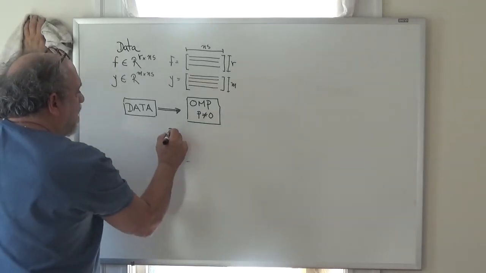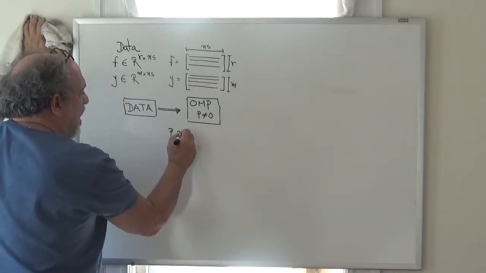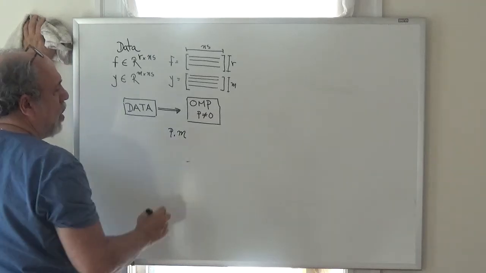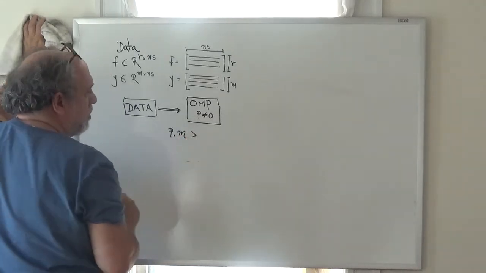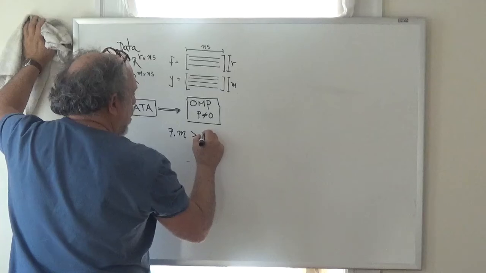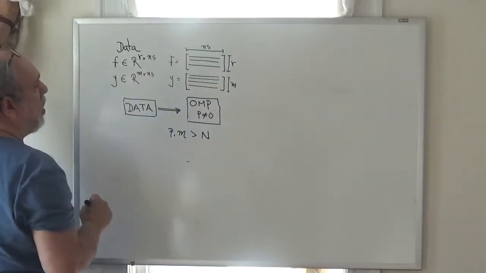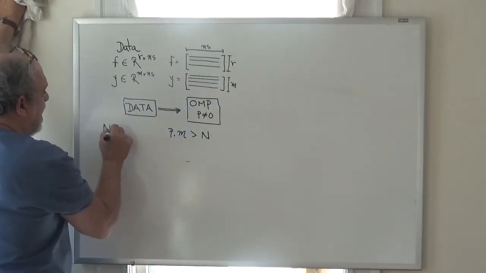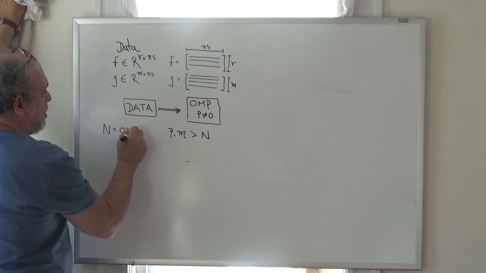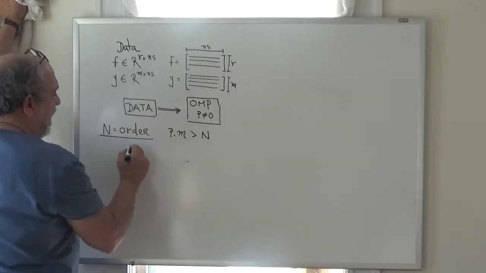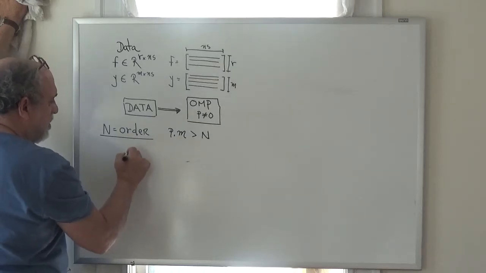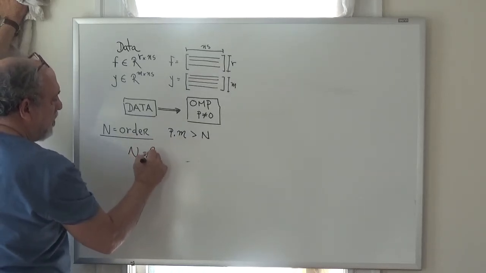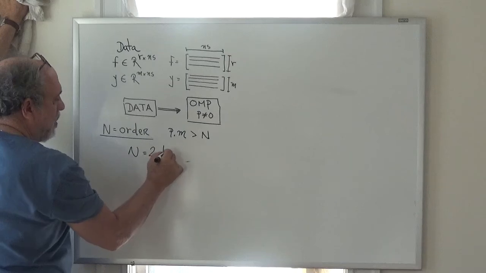The number of observer Markov parameters that are not 0, when it's multiplied by the number of outputs, must be greater than the order of the system. Now, n is the order. What we mean by the order is, in general, 2 times the number of degrees of freedom.